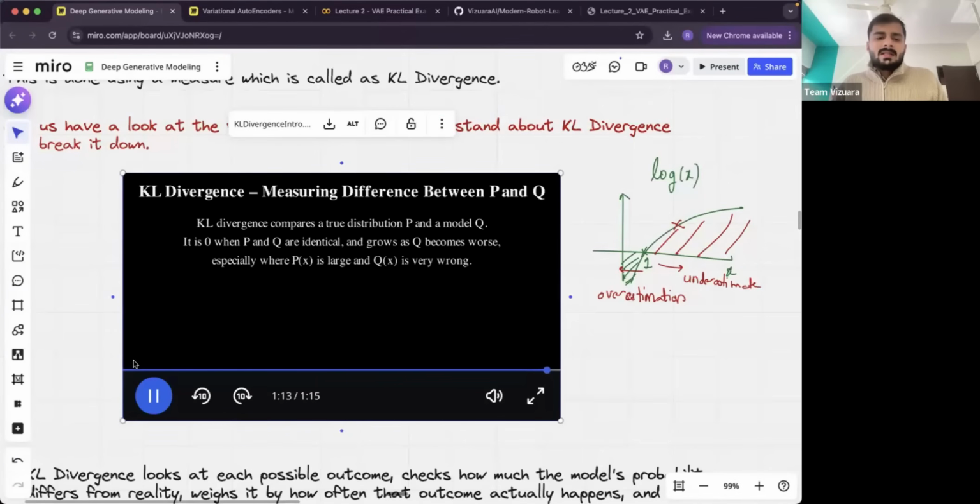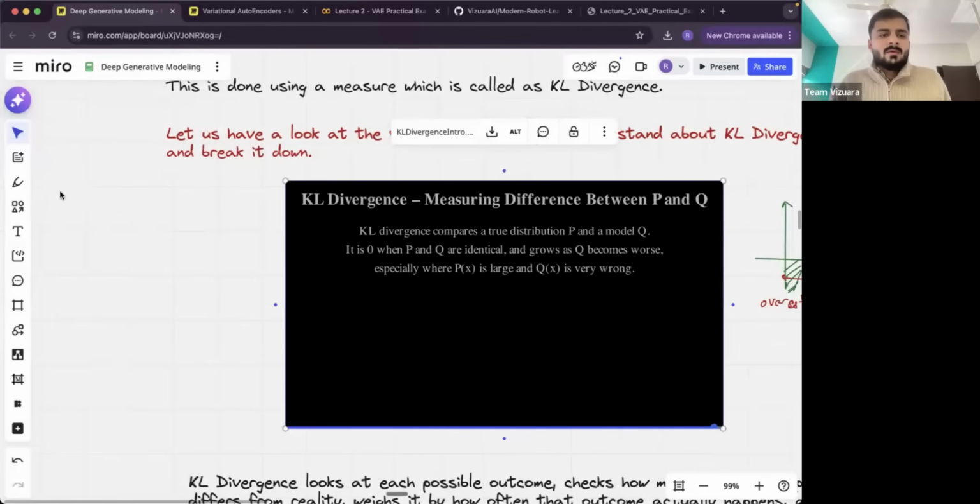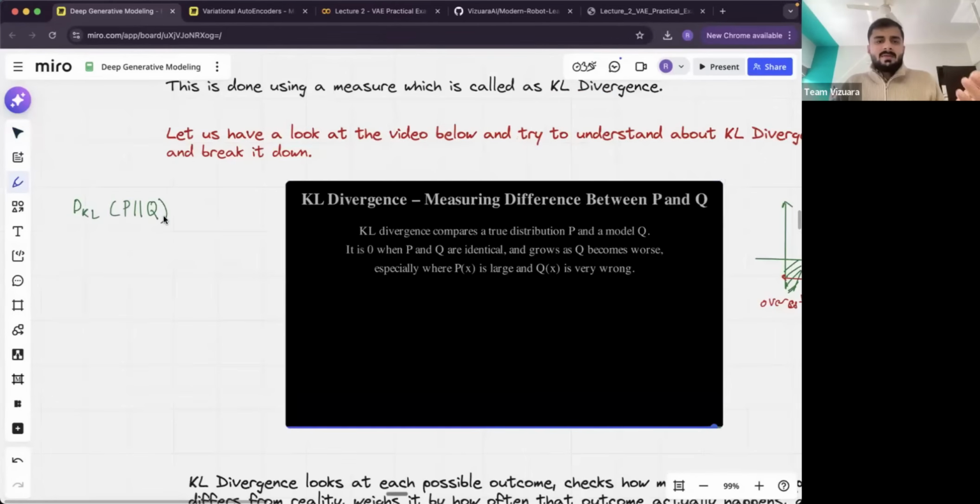Now, you will see that in a lot of papers in robotics or deep generative modeling, this notation is used, which is D_KL P given Q. And I don't want you to get intimidated by this notation. It simply means how close or far away these two probability distributions are from each other.